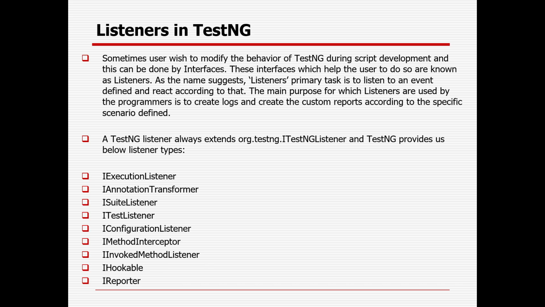Now I'll go to one of the important aspects, called listener in TestNG. So what is a listener? Say you have n number of test cases, say 100 test cases, but you do not know whether a test case will pass, fail or be skipped. It depends on what is actually happening in the application.